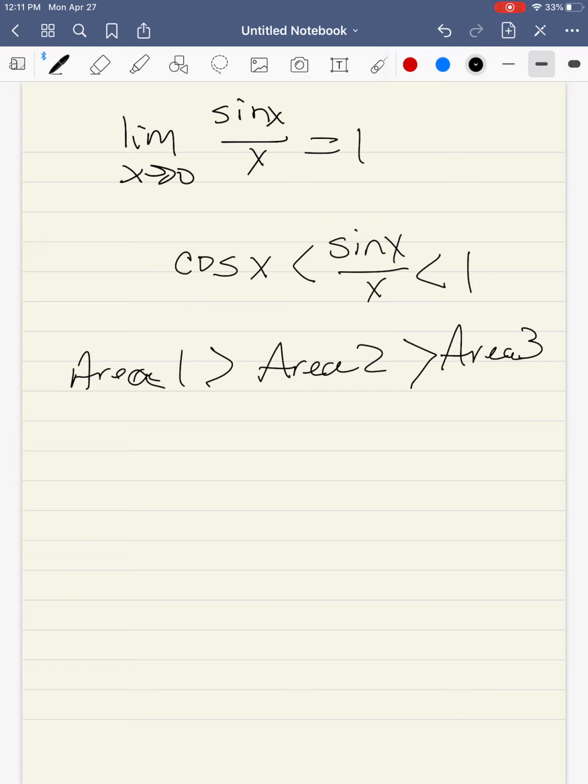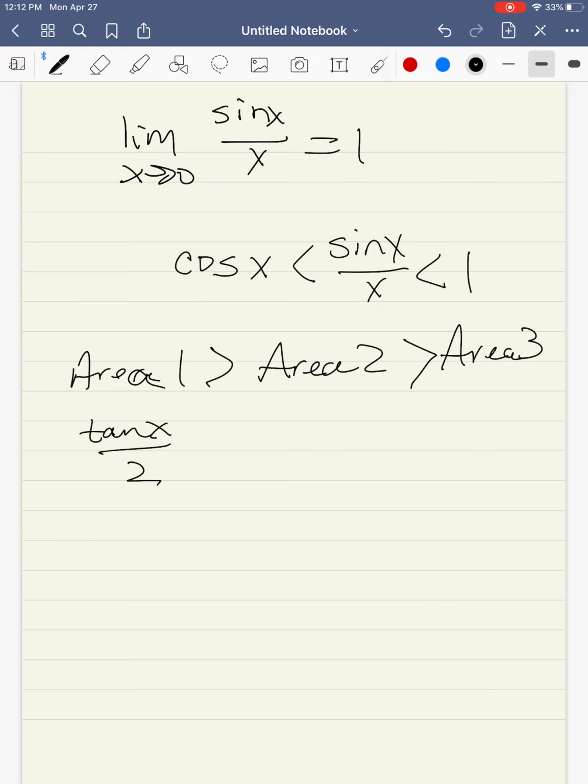So the area of the first triangle is 1/2 the base, which is 1, because they tell us that it's a circle with radius 1, times the height, and the height is the same as the tangent of x, opposite over adjacent, with that opposite being h1 and the adjacent being 1. So the area of this one we know is tangent of x over 2.